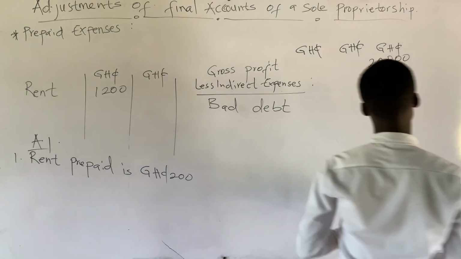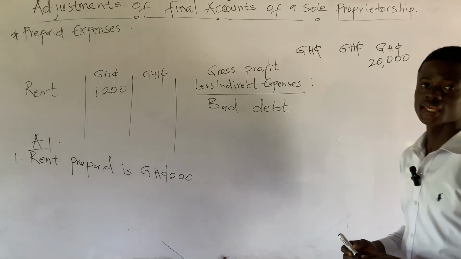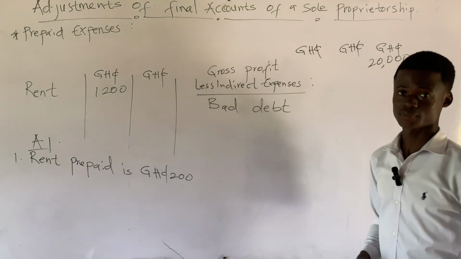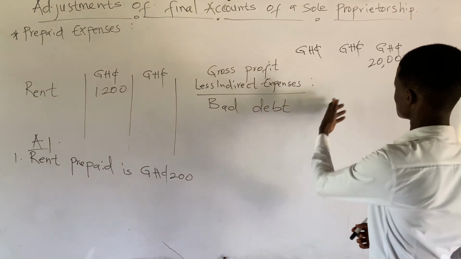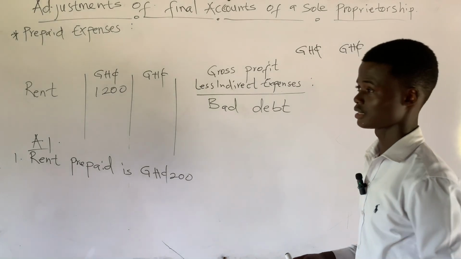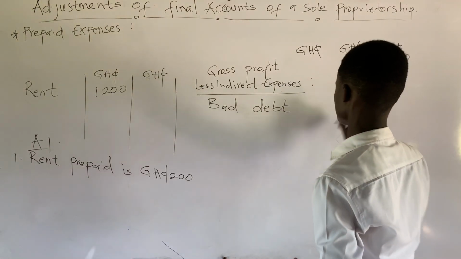We all know that expenses are on the second column of the statement of profit or loss account only if that expenses do not have any adjustments. So this bad debt will be sent straight to the middle column if the bad debts do not have any adjustments. So you will say bad debt of, let's say, 100.